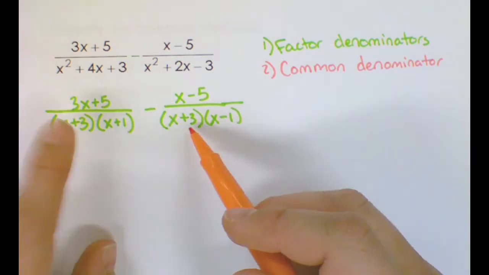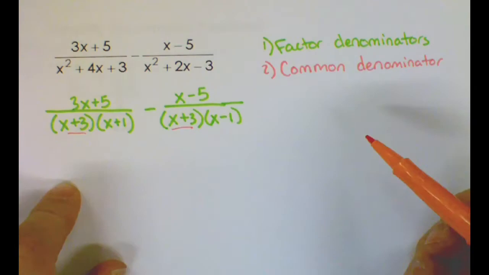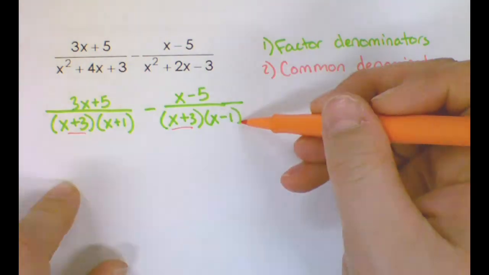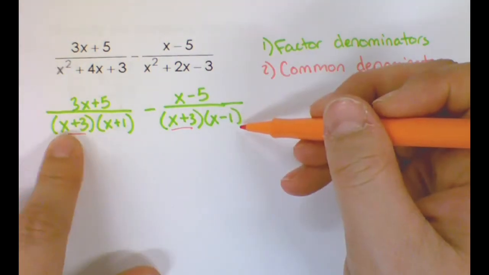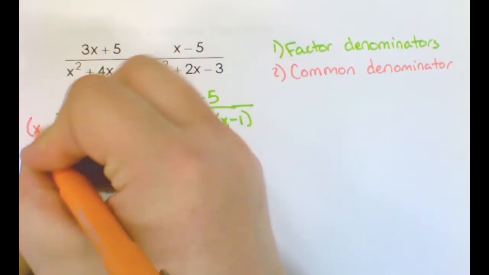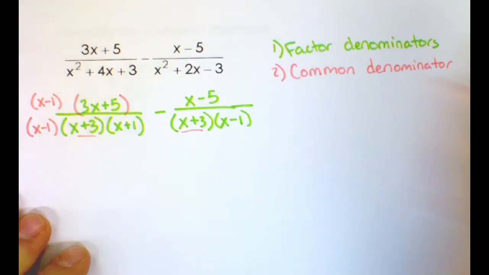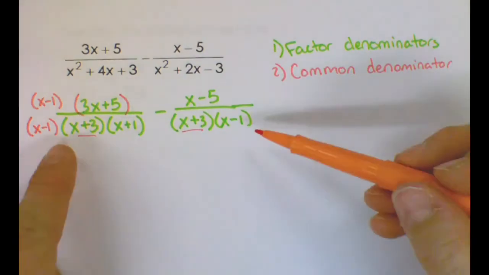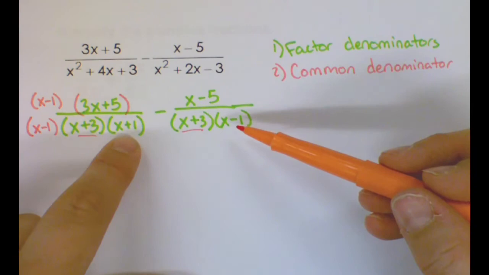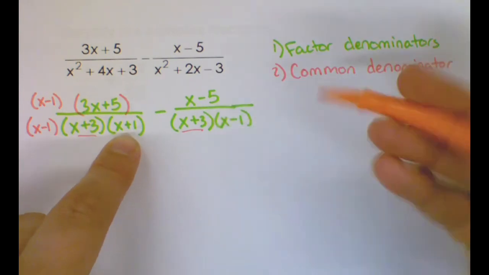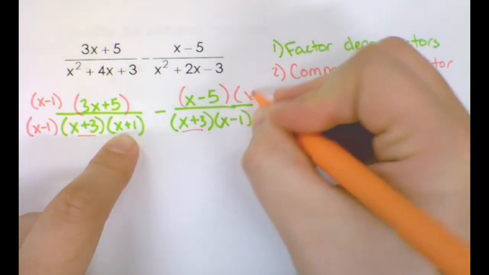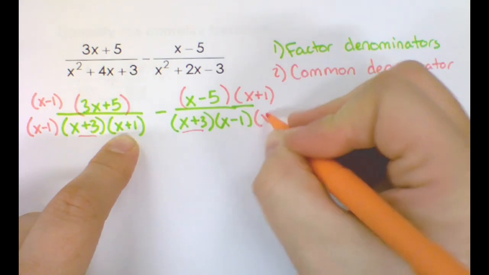The second one has an x plus 3, so they have that in common. The second fraction has an x minus 1. The first fraction doesn't, so we multiply in an x minus 1 to the numerator and denominator. Then I notice the first fraction has an x plus 1, the second one doesn't. So I multiply in an x plus 1 to my numerator and denominator.